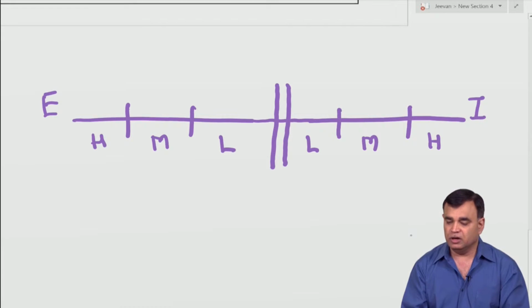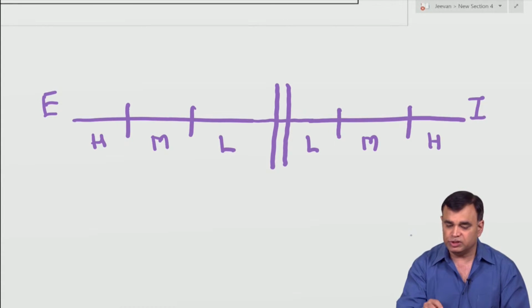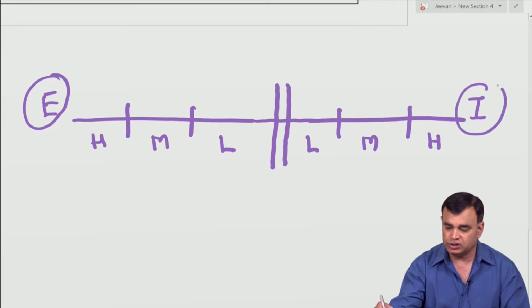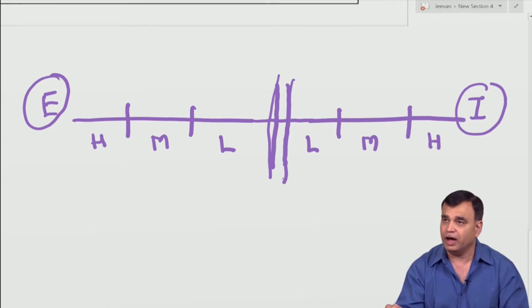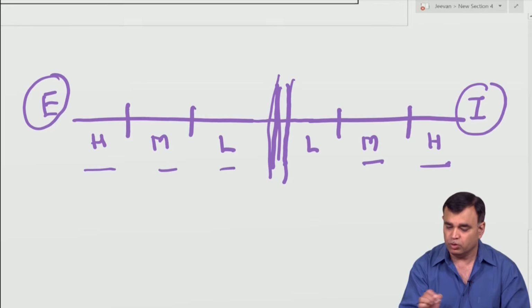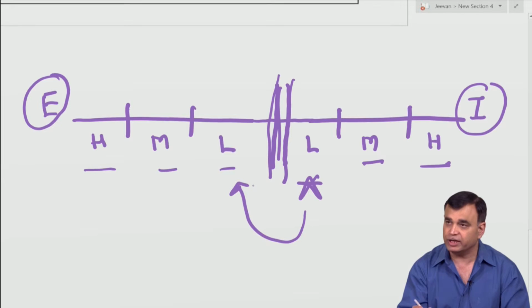In the sense, the introversion, extroversion, which is indicated by E and I here, which is exactly opposite of each other and separated by this partition. There are gradations of low, medium and high indicated by L, M and H on either side of this dividing line. So you have introvert low, introvert medium and introvert high here, or extrovert high, medium and low, which also means if somebody were to find himself or herself in introversion low, the person can easily exhibit the other side, which is extroversion.